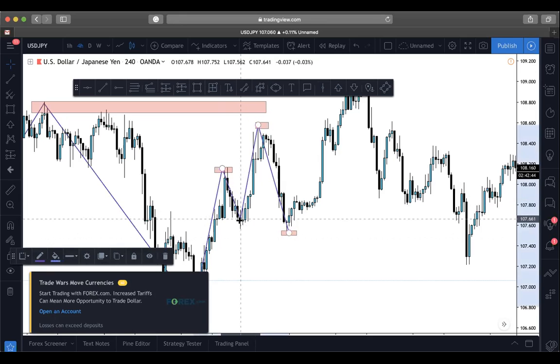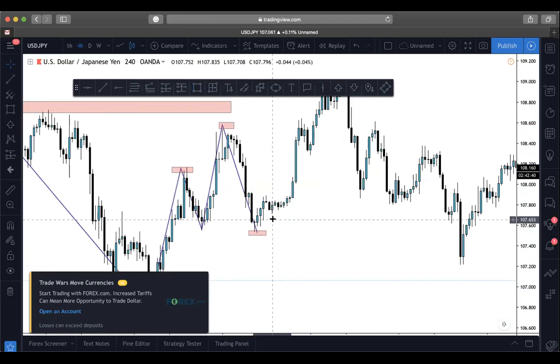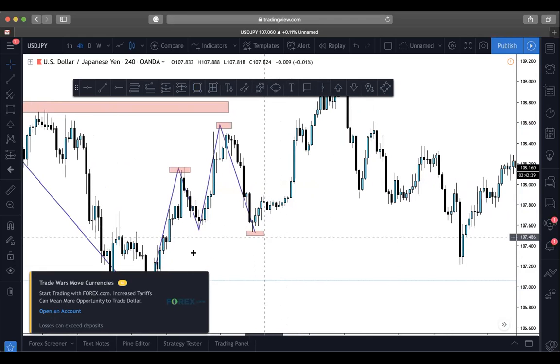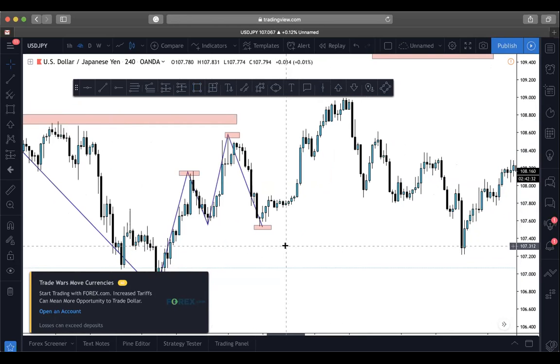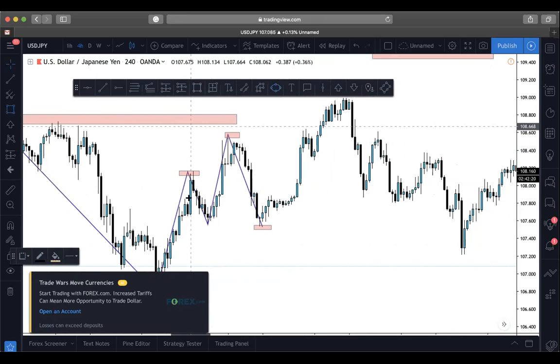But sometimes, obviously, the market does not follow the rules all the time, and you would get instances like this, right? This is why we give our stop loss room, because sometimes the market would go beyond the level, because nothing is perfect, right?